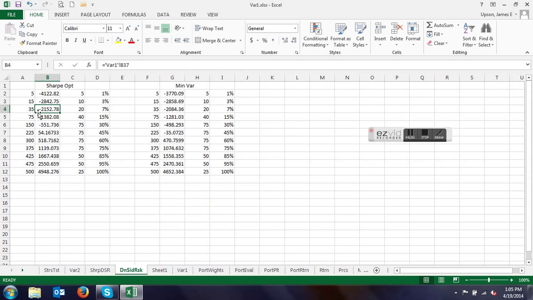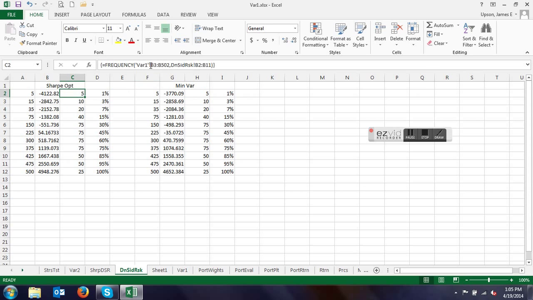Continue through here. I've picked 35, 75, 150, etc. I have 10 bins, which gives me 11 buckets. My cumulative probability is going to be obviously 100%. In your process, I want you to pick more than 10 bins, no more than 20, so anywhere over 10 and up to 20 would be a good selection.